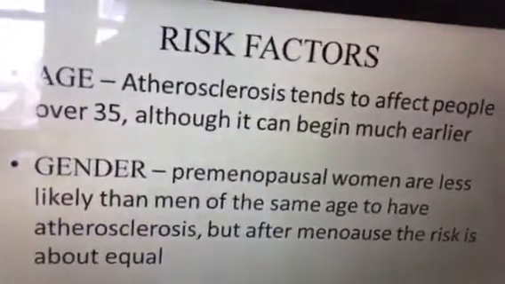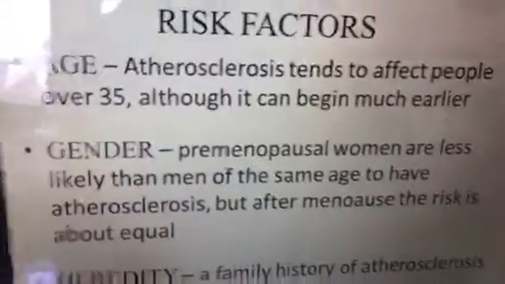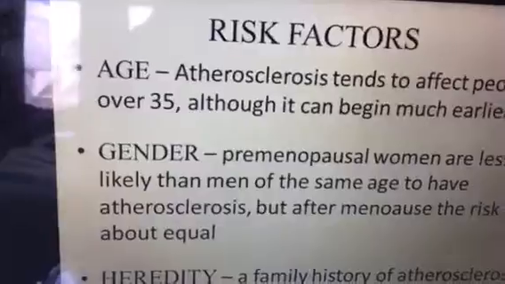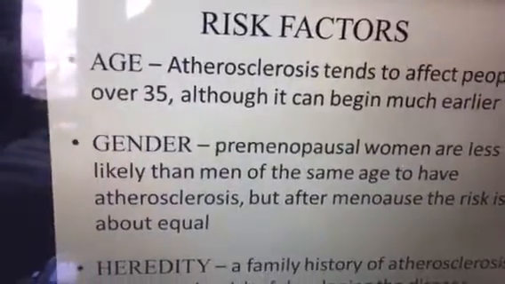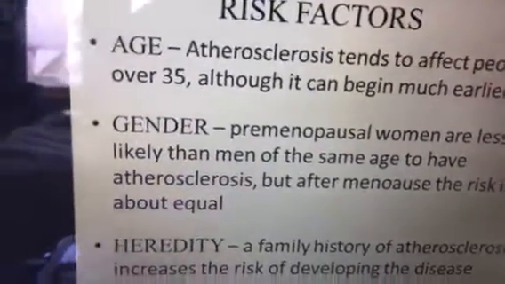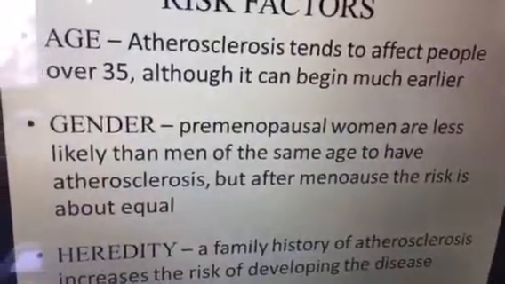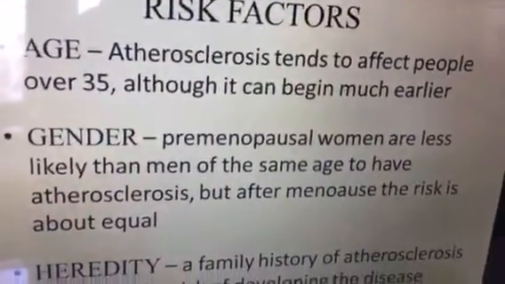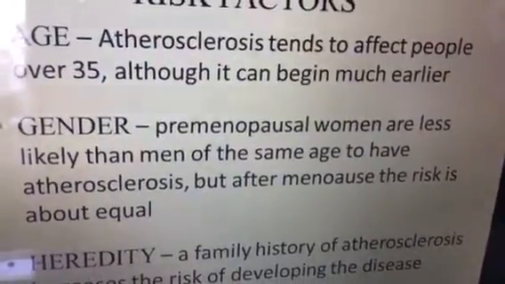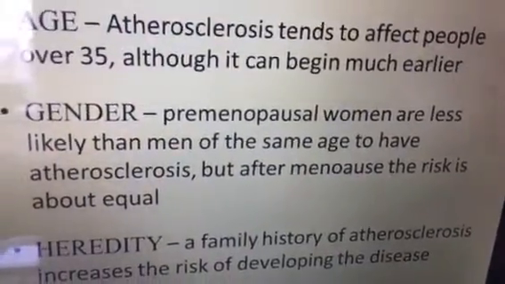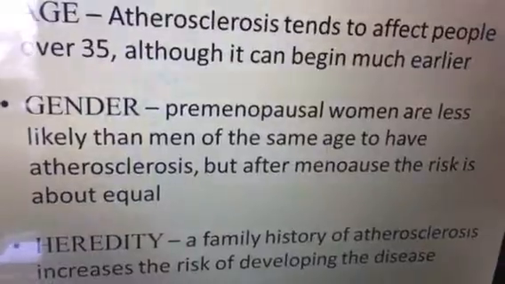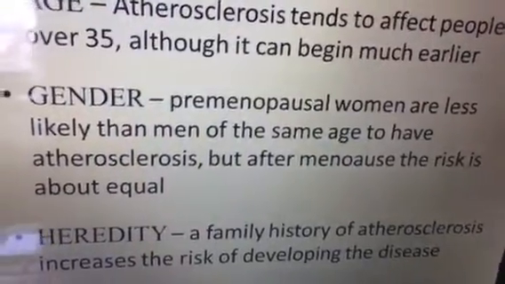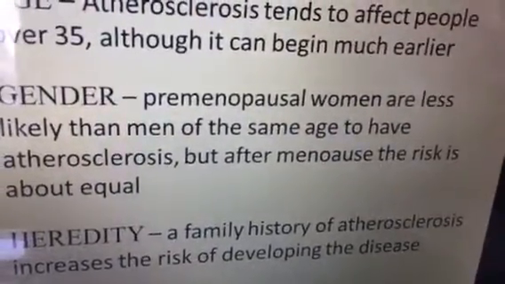We're gonna try to talk about what causes atherosclerosis, some risk factors. Actually, the age, the gender, and also hereditary factors, which is a family history of atherosclerosis. And obesity is another risk factor. Regarding age, in a newborn they see lining of cholesterol.